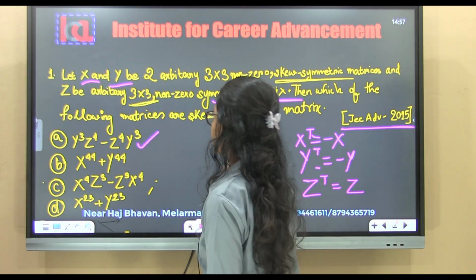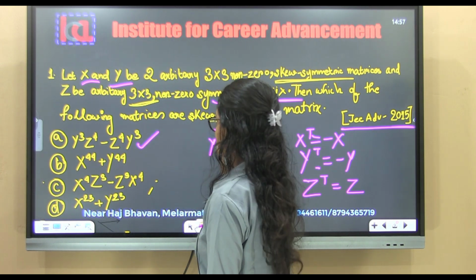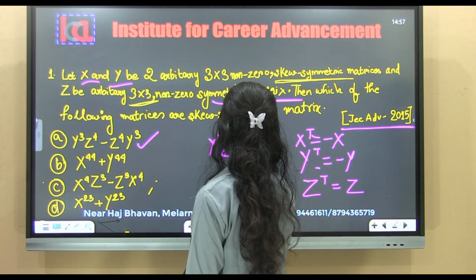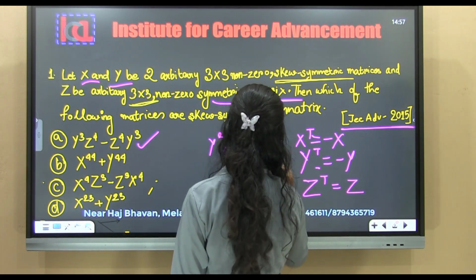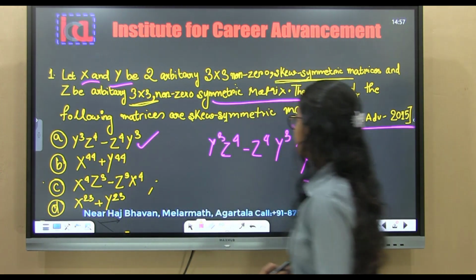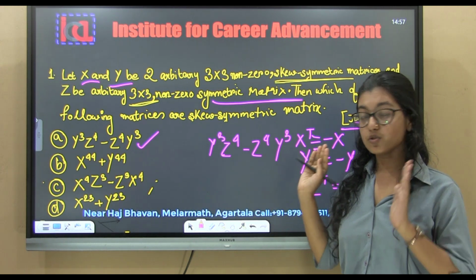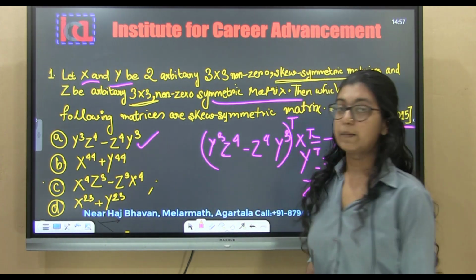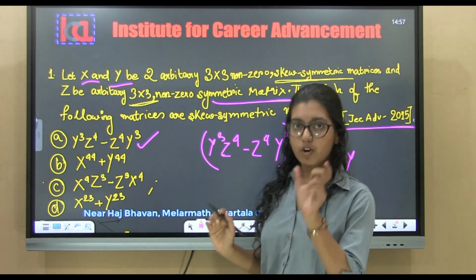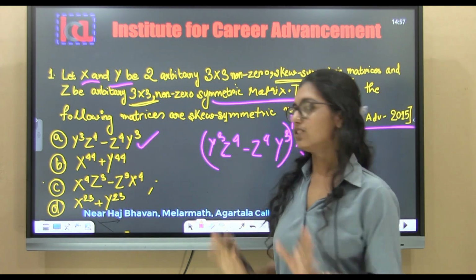First option number 1, what will be? Y cube Z to the power 4 minus Z to the power 4 Y cube. Okay. So in this, while solving, we have to take the whole transpose. Okay. In this case, very important things, these are the properties of a matrix.